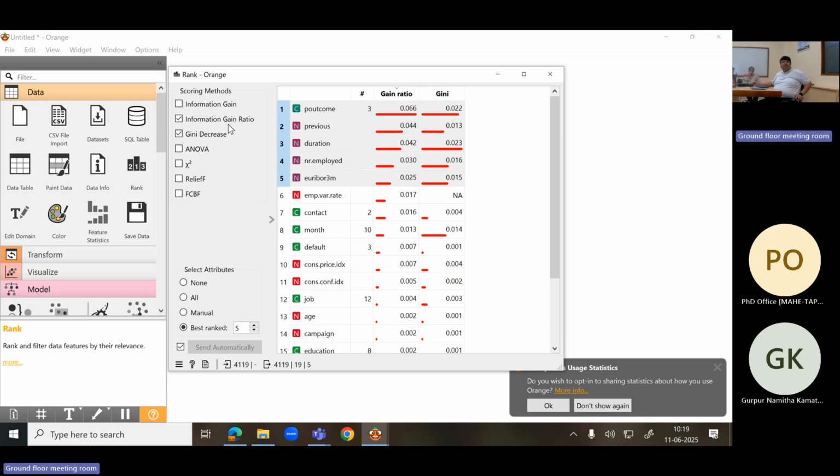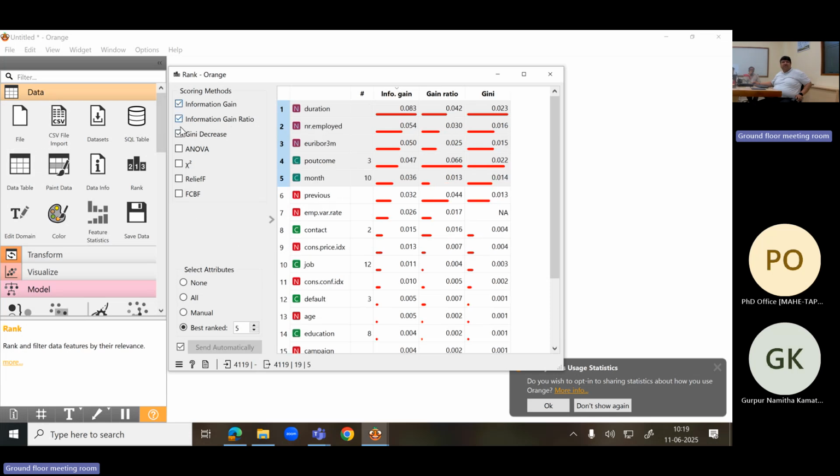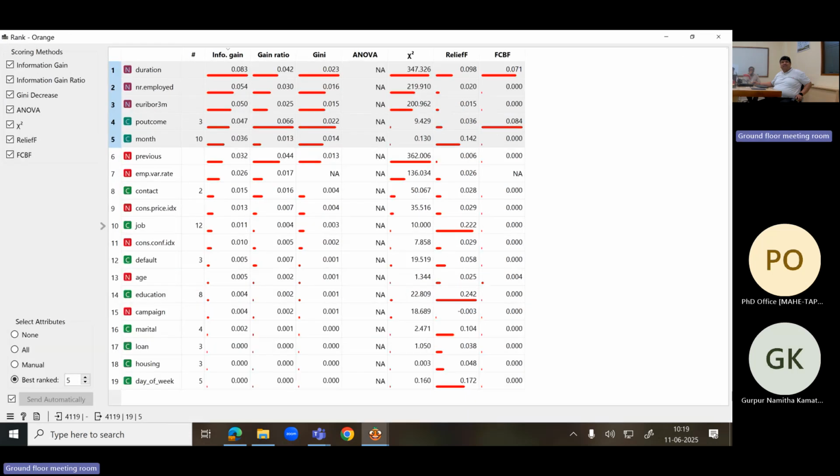Now, which methods to use? Strictly speaking, you can use everything and check for yourself, and see in general what the best rank 5 are.